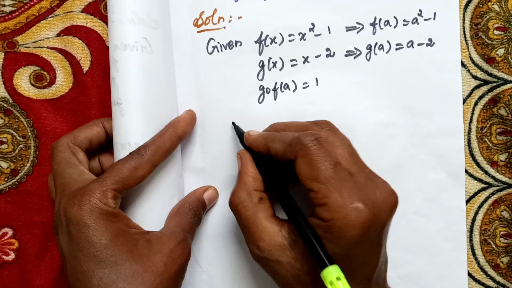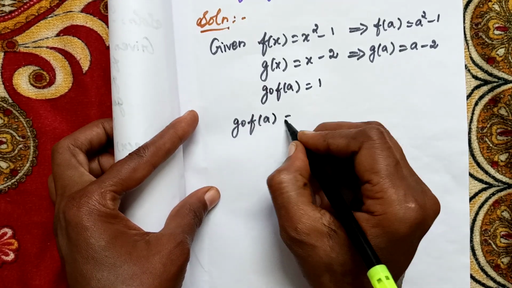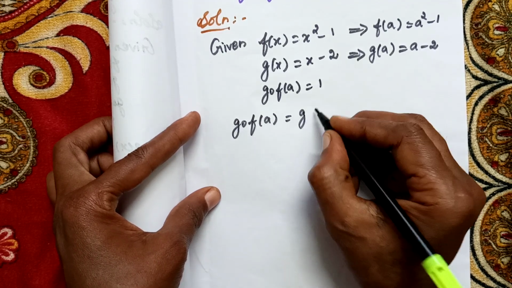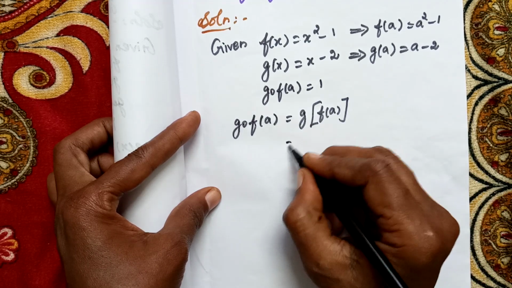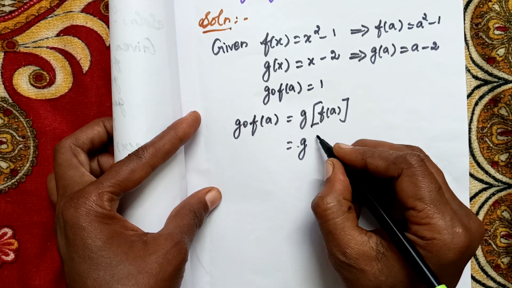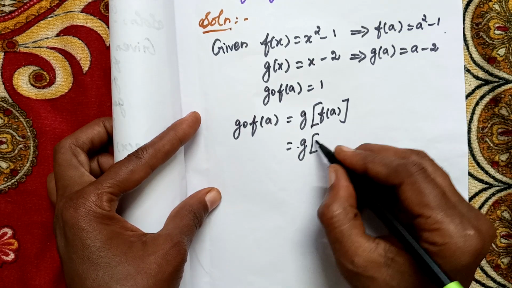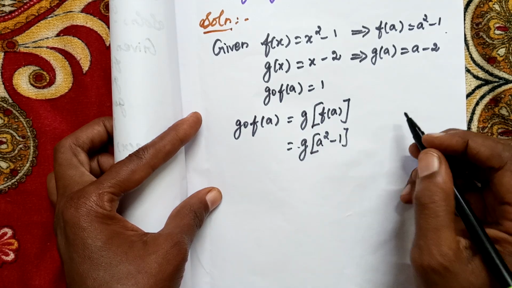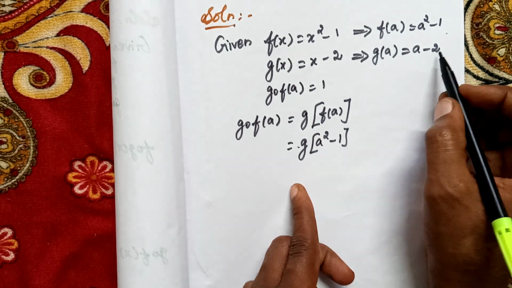First we have to find out g composite f of a. G composite f of a is equal to g of f of a is equal to g of, what's the value of f of a? A square minus 1. Next, g of a means a minus 2.